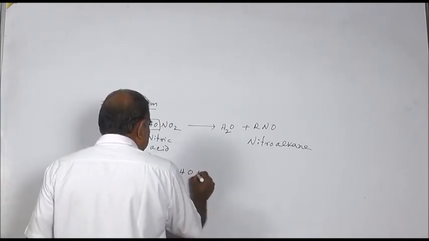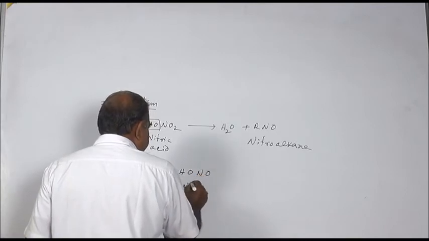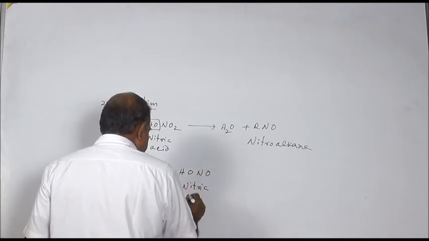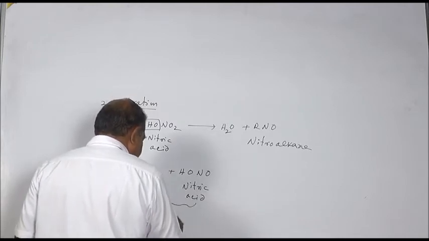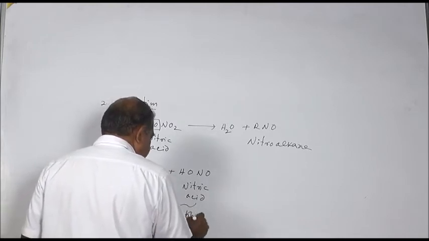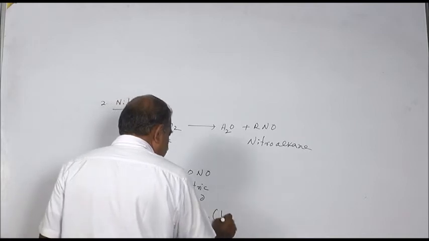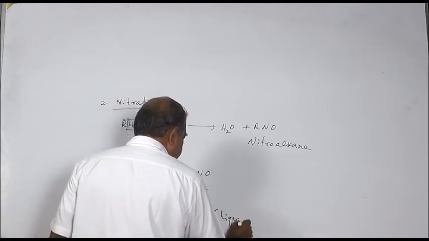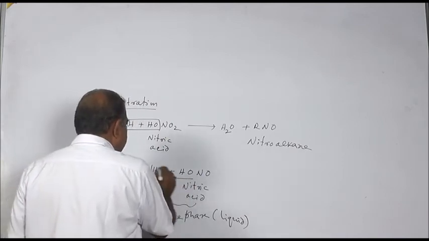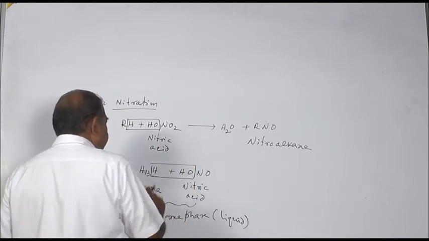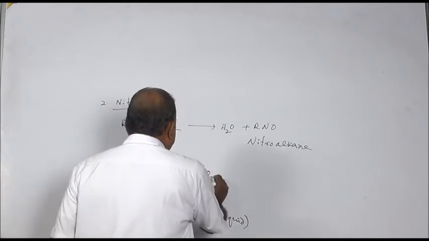Why? Because both hexane and nitric acid remain in the same phase. Same phase means same state. Both of them are liquid. So the reaction becomes better.